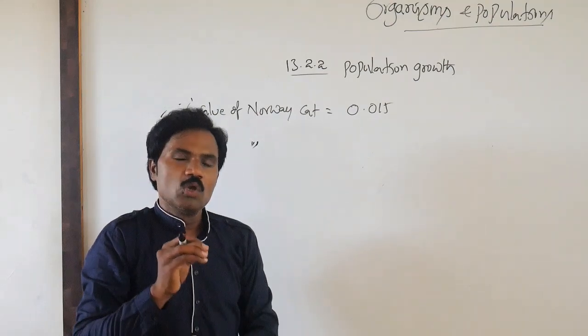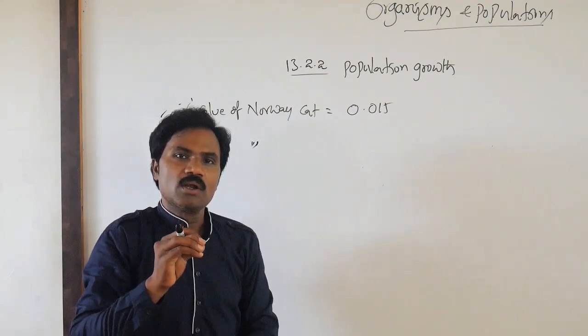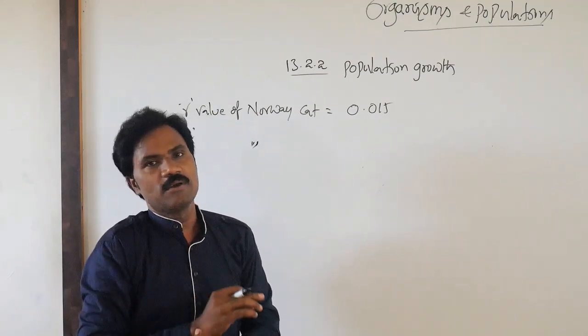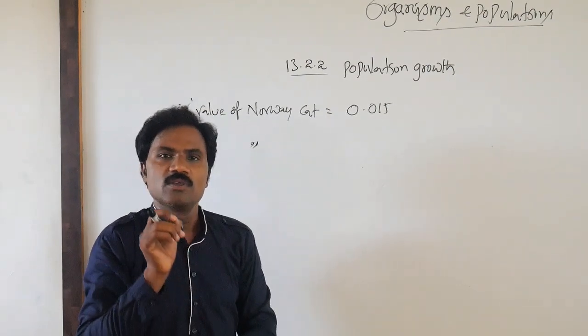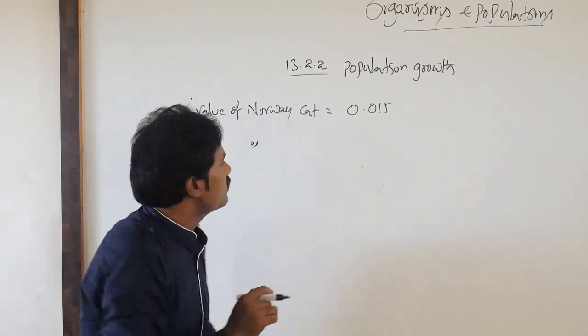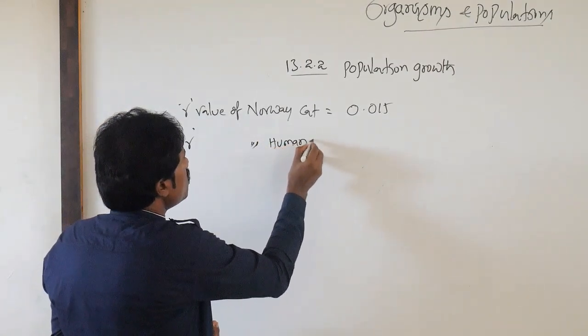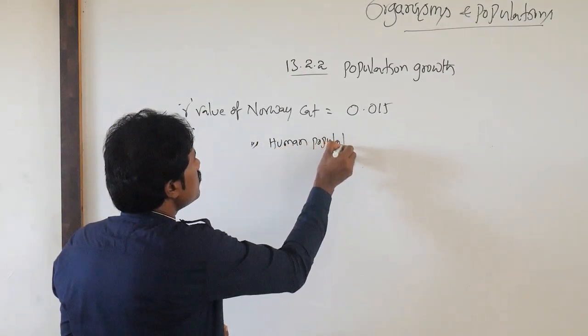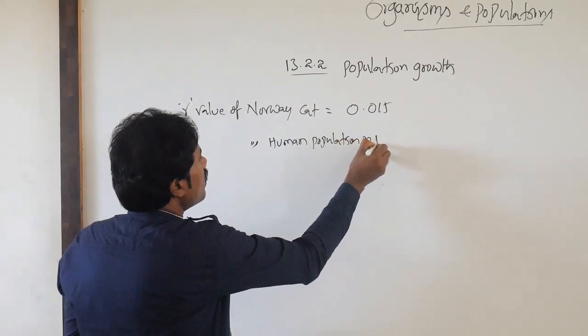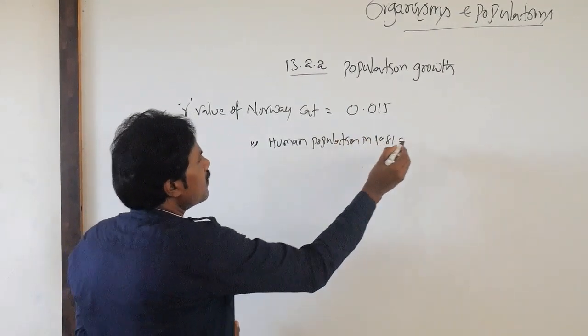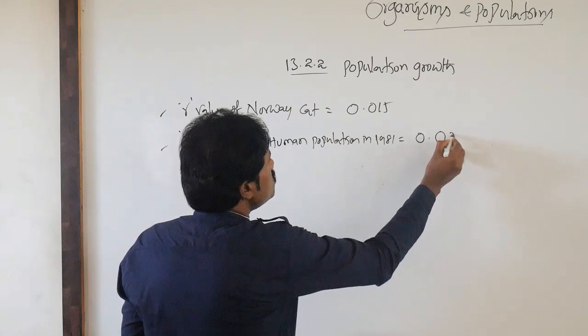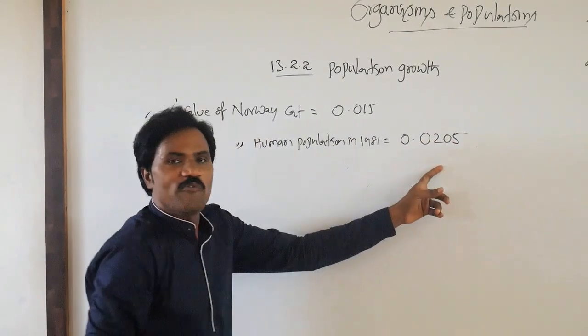What is the human population's r value related to various periods of time? Suppose it is 1981: the human population in 1981 is 0.0205.